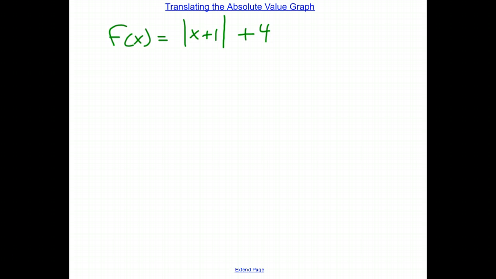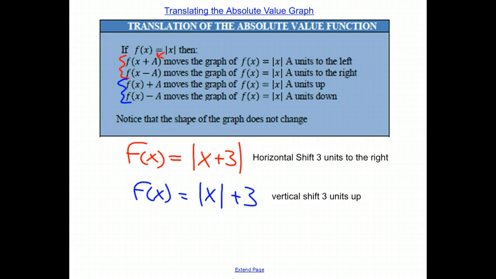So let's take a look at this table. This lists out all possibilities. So do we have anything that looks like this top thing right here? Do we have anything that looks like f of x plus a?